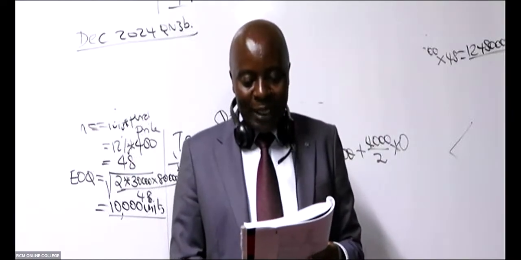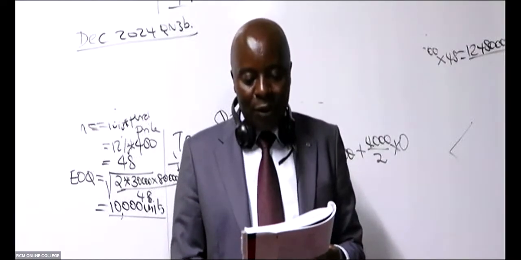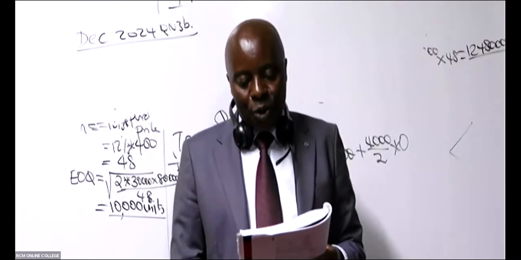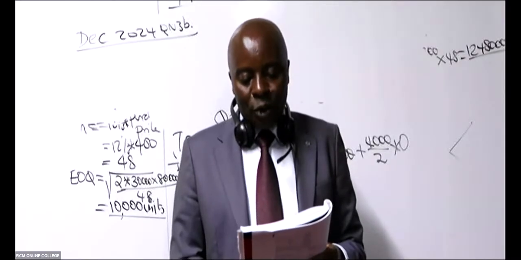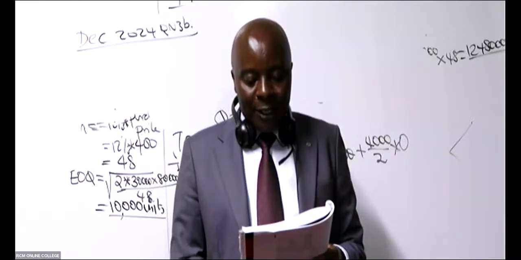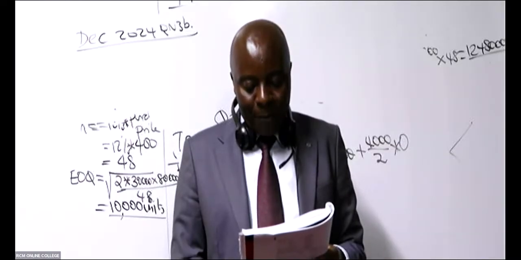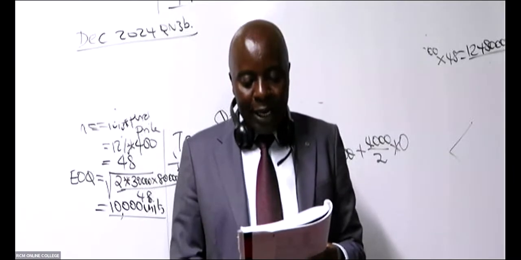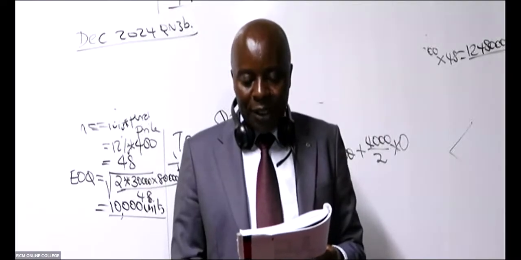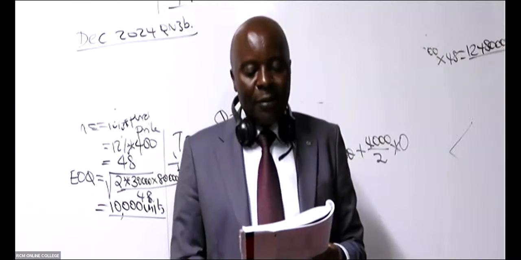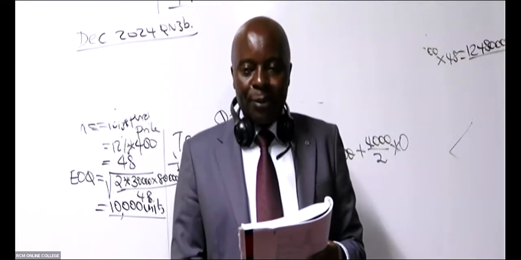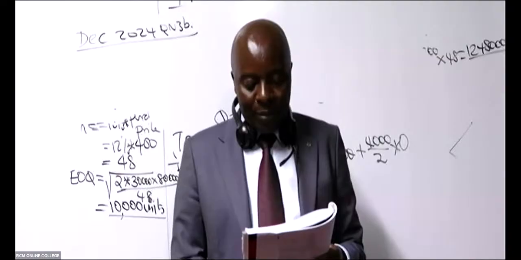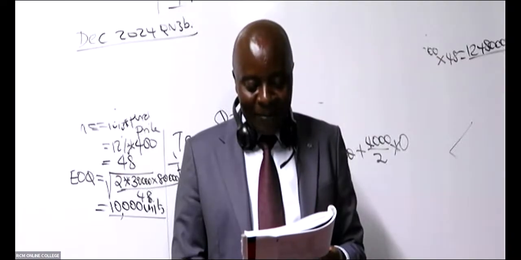I can see obsolescence 3, perpetual audit 1.5, opportunity cost 2, insurance 1, storage 0.5. Can somebody in this case here add up all those percentages for me? 3% plus 1.5% plus 2% plus 1% plus 0.5%. What are we able to get there, my good students?